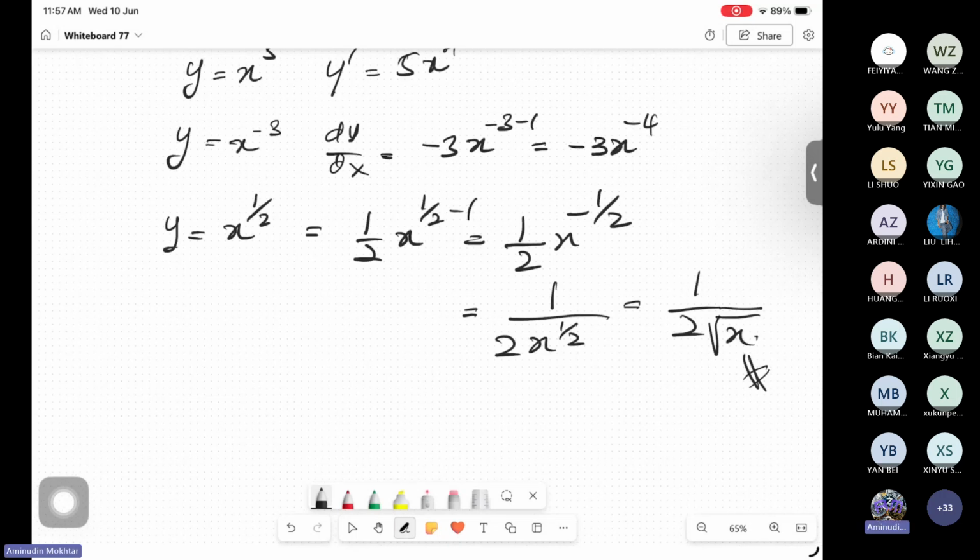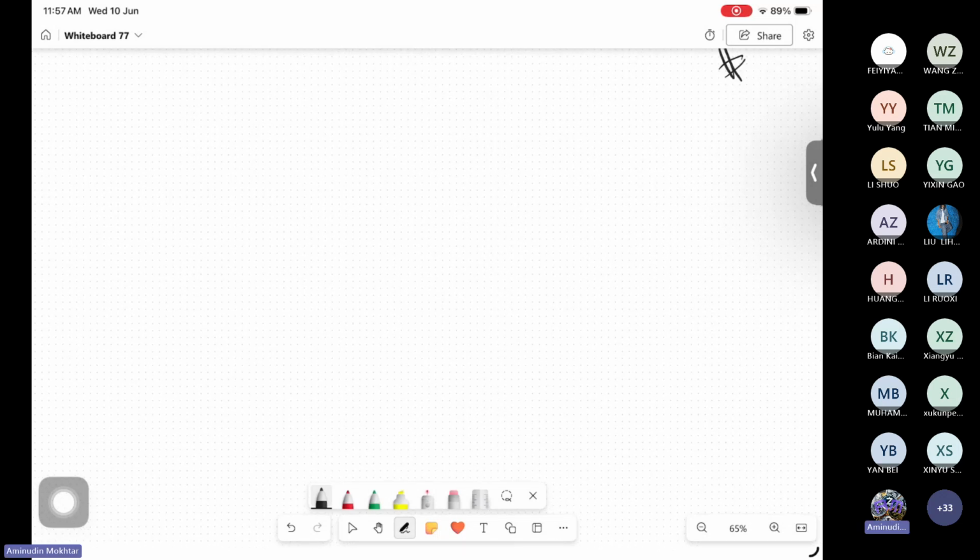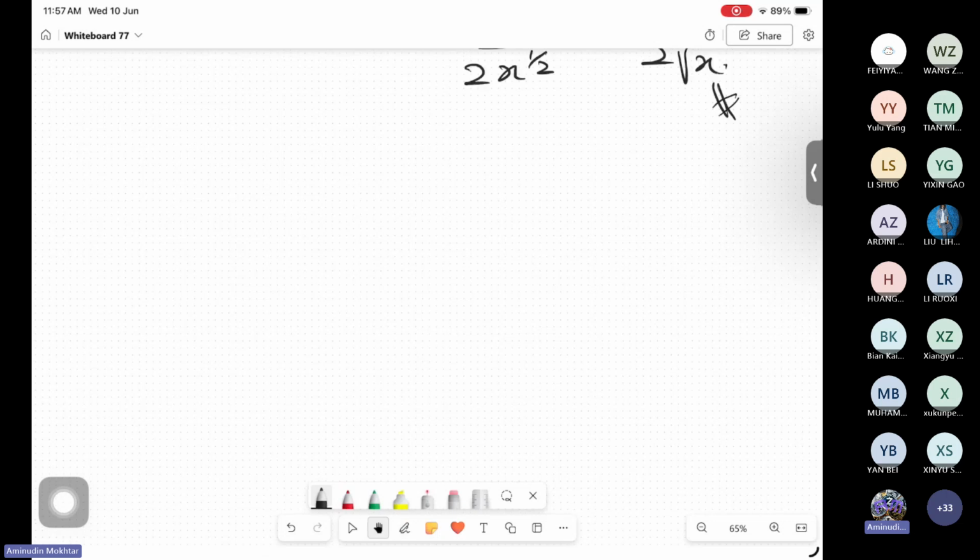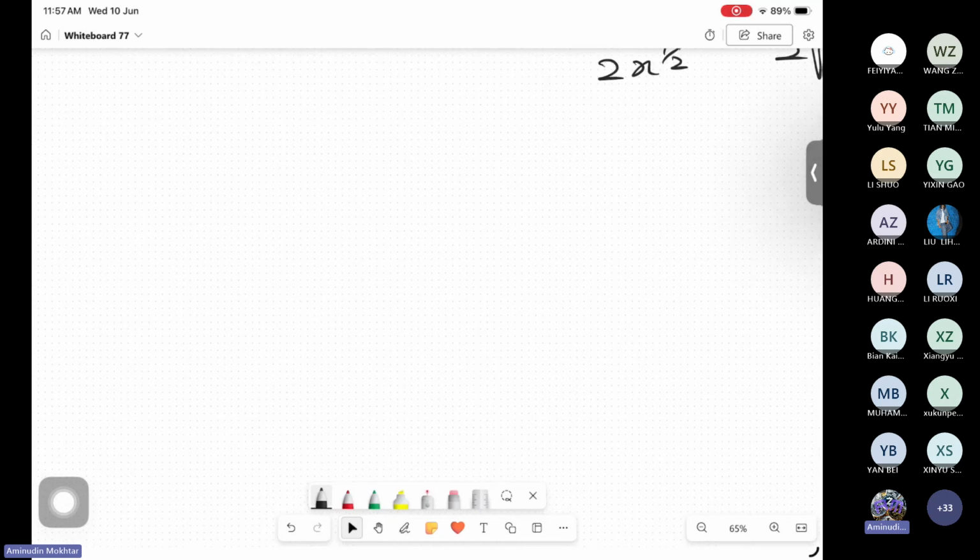So the next one, if you refer to page 4, the derivative of power of x, we can also have this function. For example, let's say I have this function f(x) equal to (2x squared plus 3) in bracket to the power of 5.